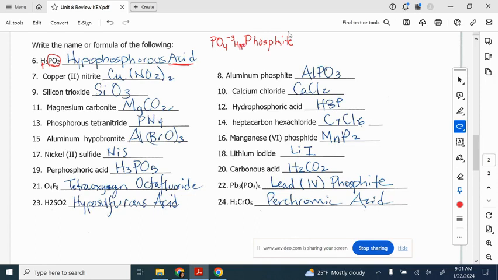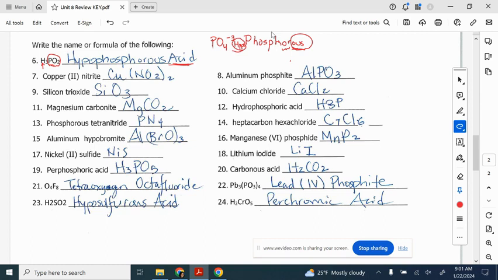But then when we change it into the acid form, if you take a bite of something, it tastes gross. We're going to change the ending then to ous. Okay. And this becomes hypophosphorous. If you forgot that OR right there, I'm not going to mark you down. I'm looking for this, and I'm looking for this.